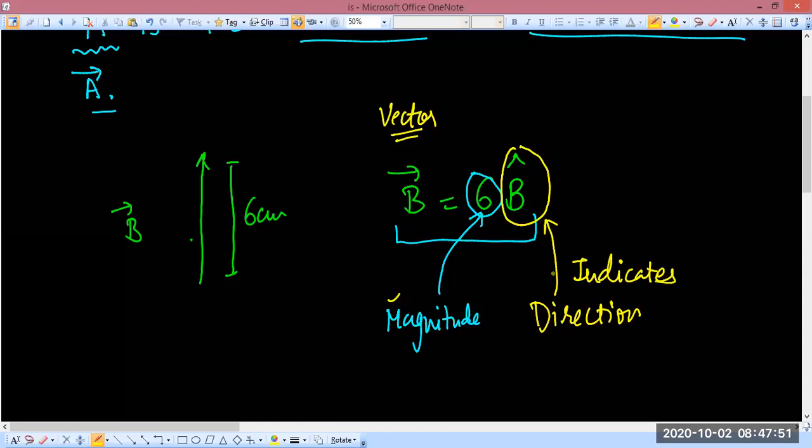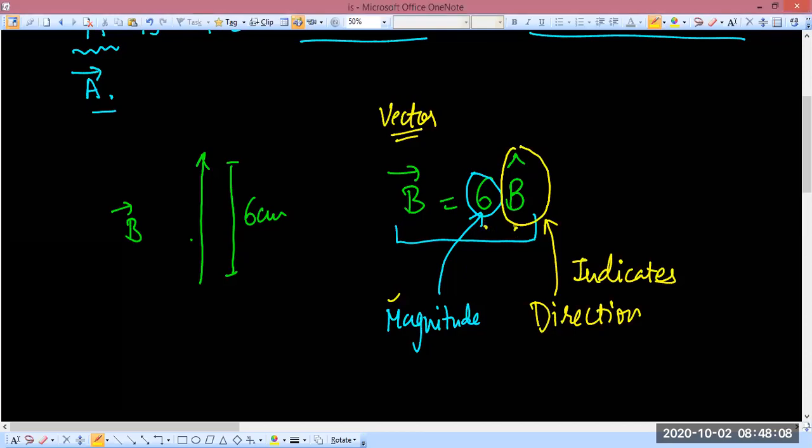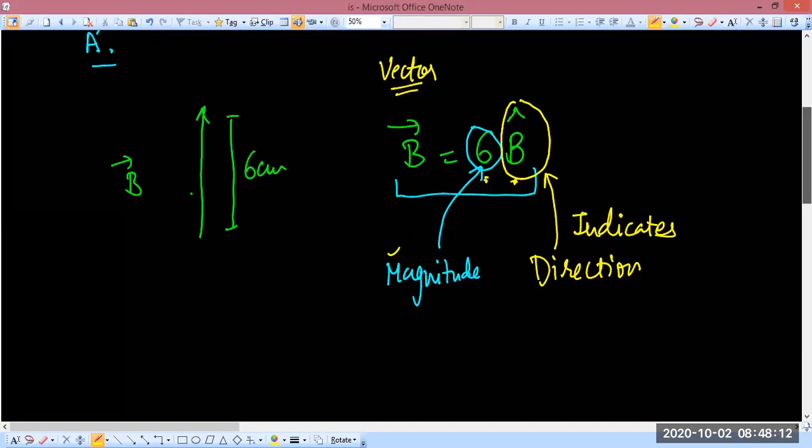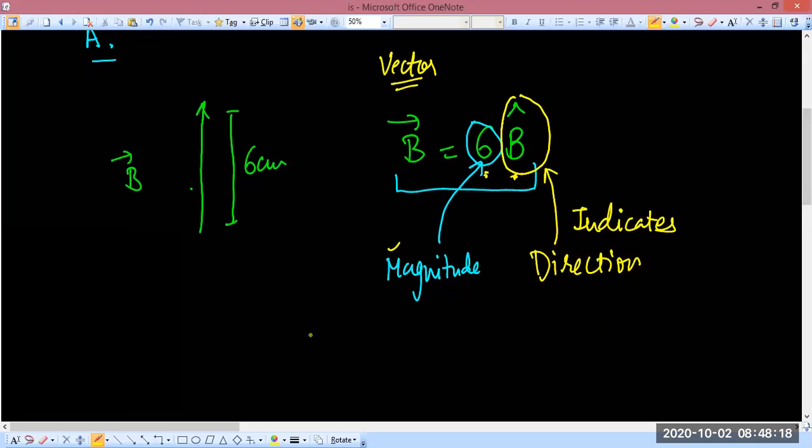Right? Okay. So whenever we are writing it like this, okay, no problem Dharmi, what we are doing is we are writing the magnitude separately and we are writing or indicating its direction separately. In fact, you can do this for all vectors, right?